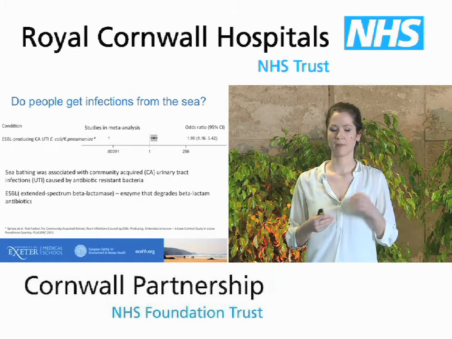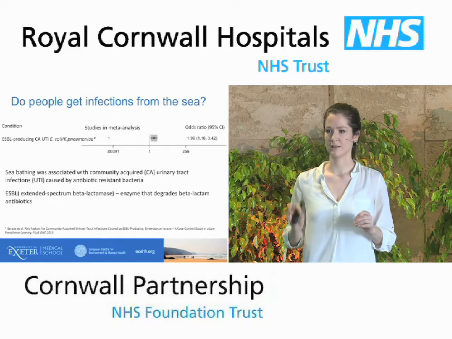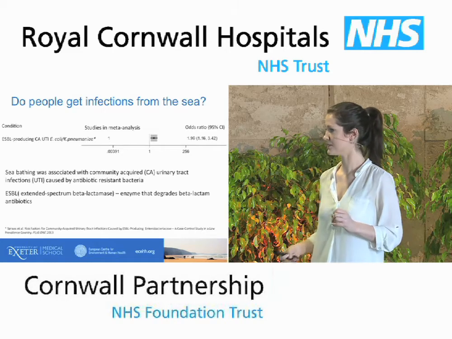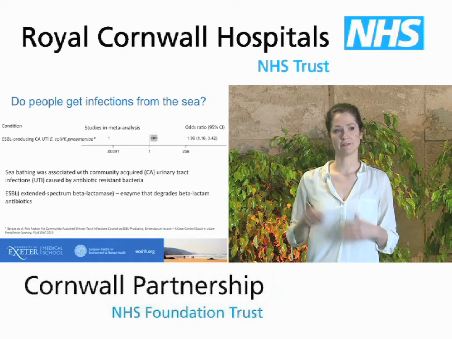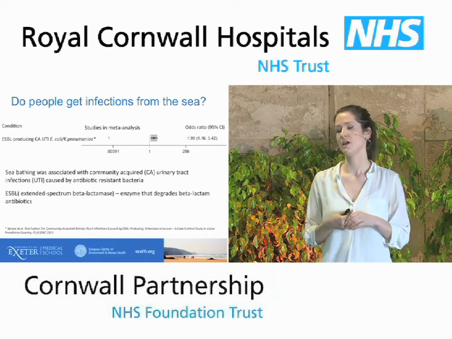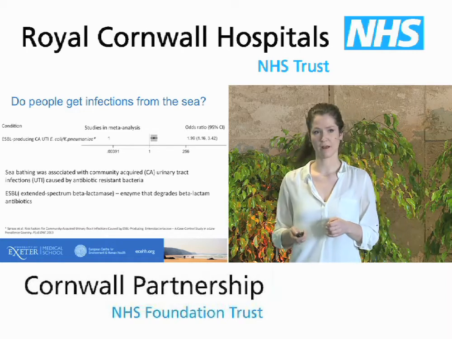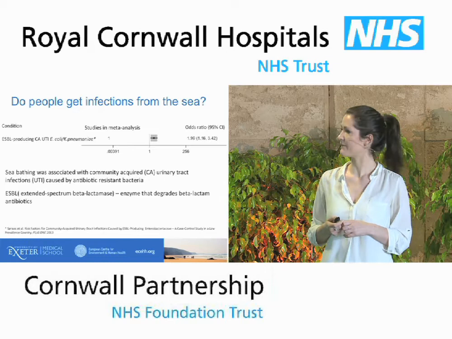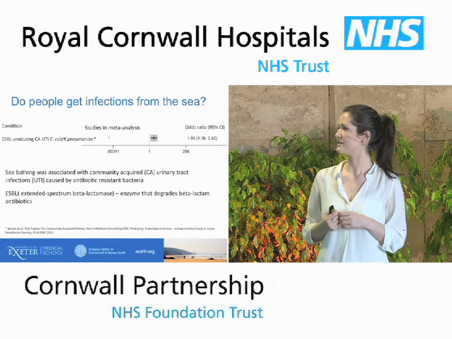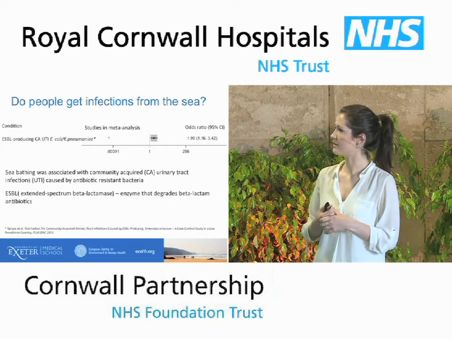And they compared people with resistant infections to those who had susceptible, or treatable, infections. They looked at various different risk factors, and one of the risk factors they found to be associated with having a resistant infection was sea swimming. I found this really interesting. They found that ESBL producing bacteria were associated with swimming.